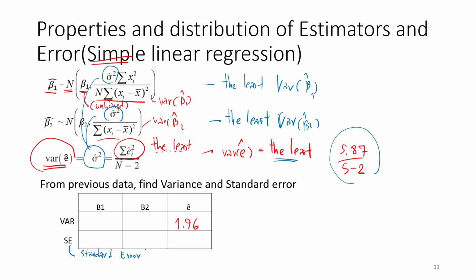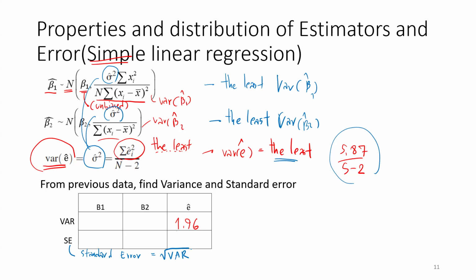So SE is standard error equal square root of variance.